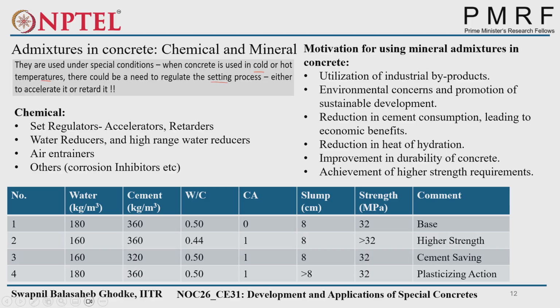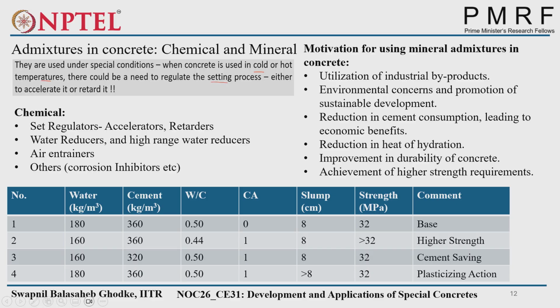Slump has not changed, or it may change? Yeah, water has already changed, see, 180 to 160. But because of the chemical admixture, we are getting the same slump value. We reduced the water cement ratio, and that's why the strength increases.